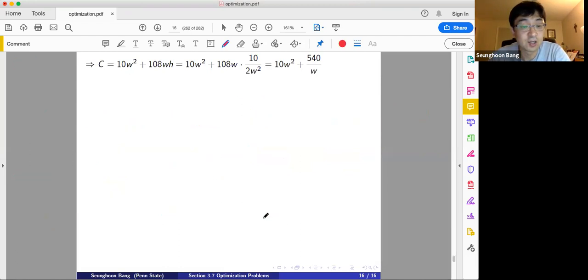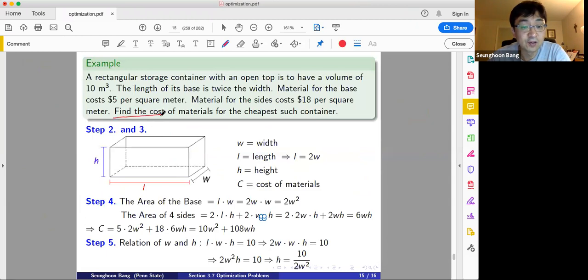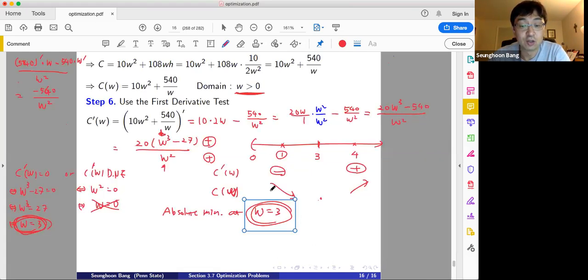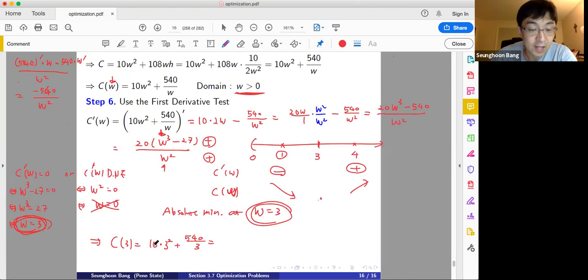Next, what is the question asking? Find the cost of the material of the cheapest such container. So far, we have W, and we plug it into the cost function C of W. The final answer is C of 3, which is 10 times 3 squared plus 540 over 3. 10 times 9 is 90, plus 180, because the 3 is crossed out.